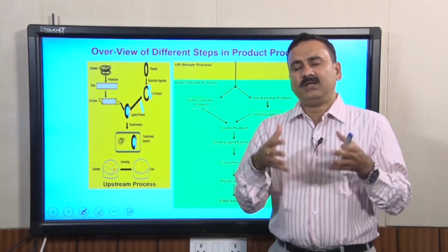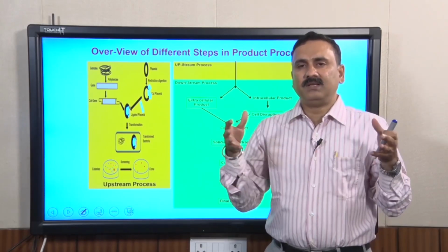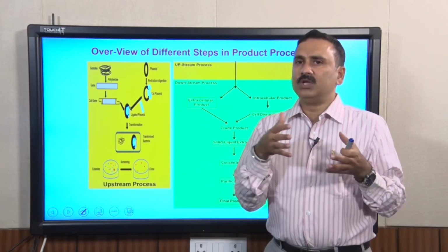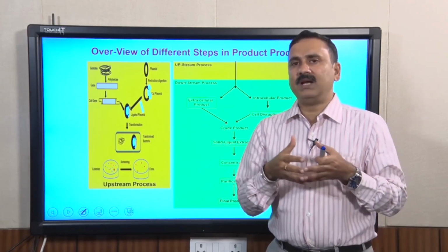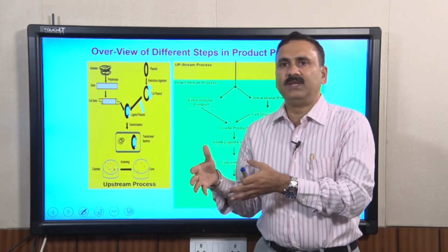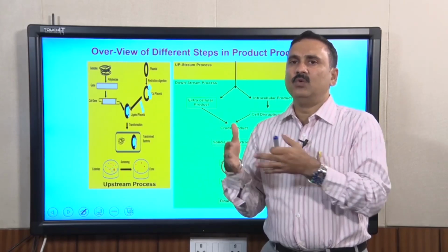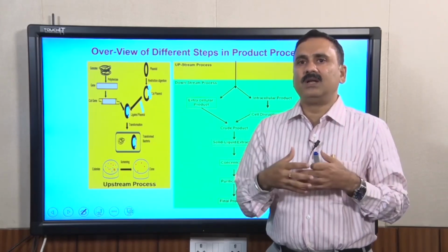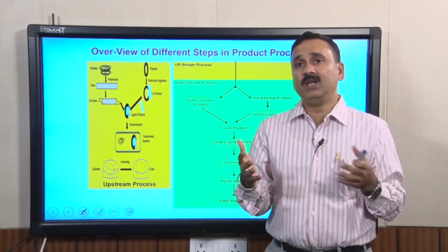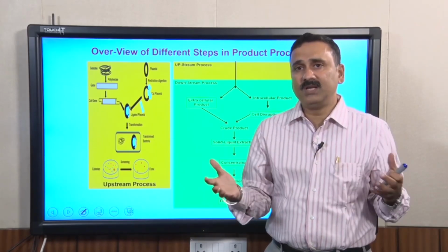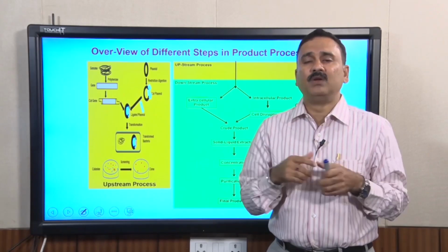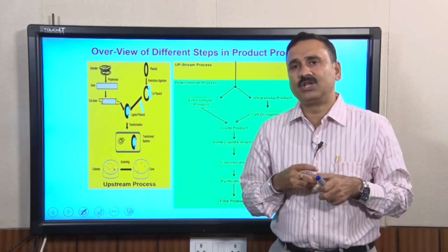So, depending on the requirement as well as the infrastructure, you can choose either of these methods, and you can use them in your laboratory to extract or release the content from the cells which are having the overexpressed proteins or overexpressed material. So, with this we would like to conclude our lecture here.